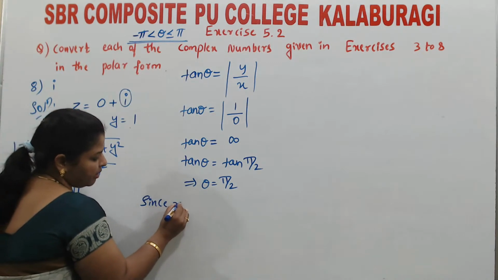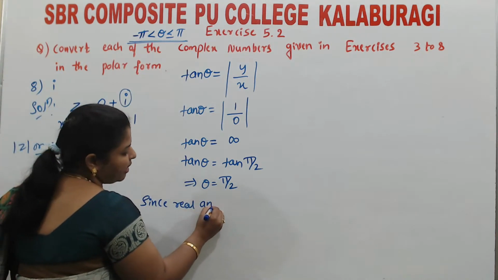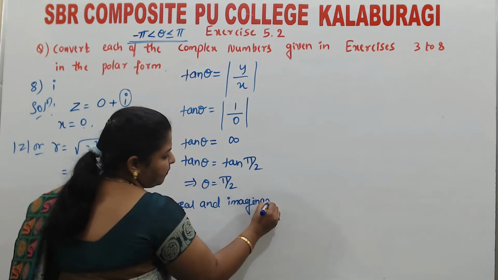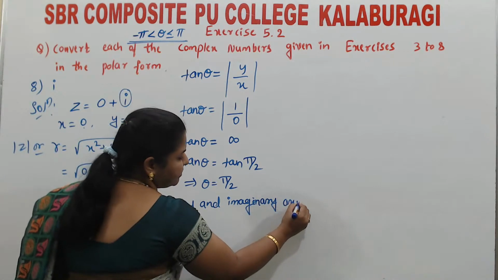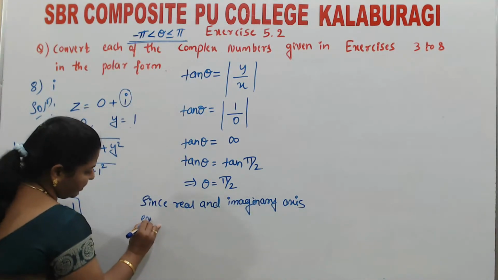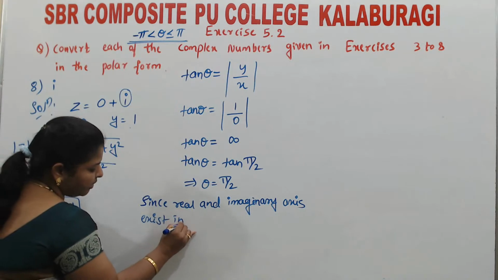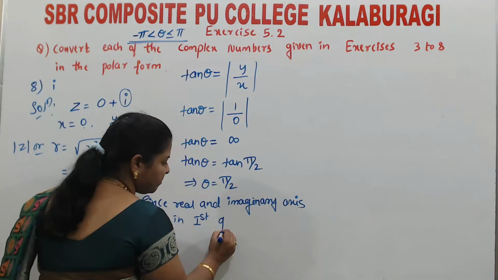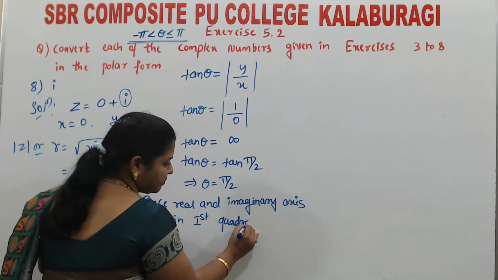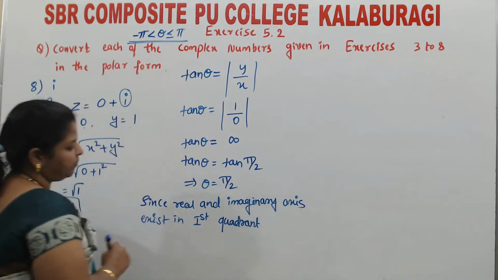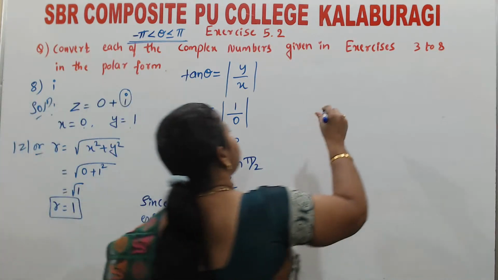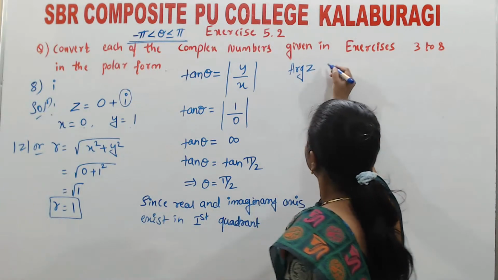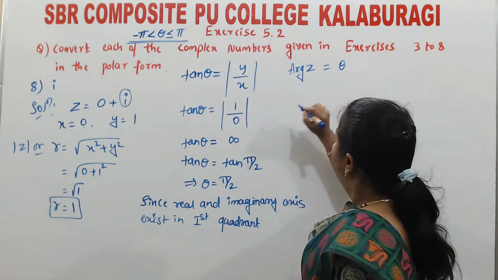Since real and imaginary axis exist in first quadrant, therefore argument of z is equal to theta.